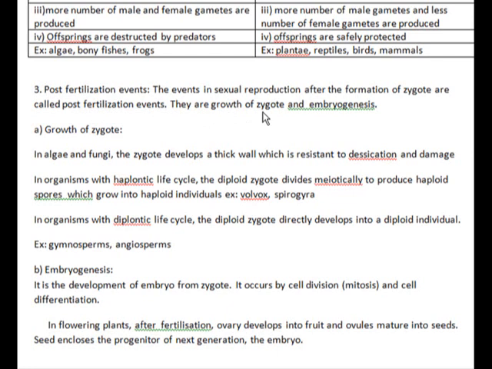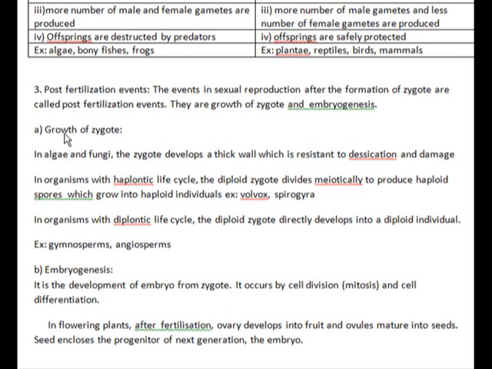One is formation of zygote, another is embryogenesis. So it again involves two processes: one is growth of zygote and the other is embryogenesis. So post-fertilization events start with zygote, and after the formation of zygote by the act of fertilization, the zygote grows and later it undergoes embryogenesis.